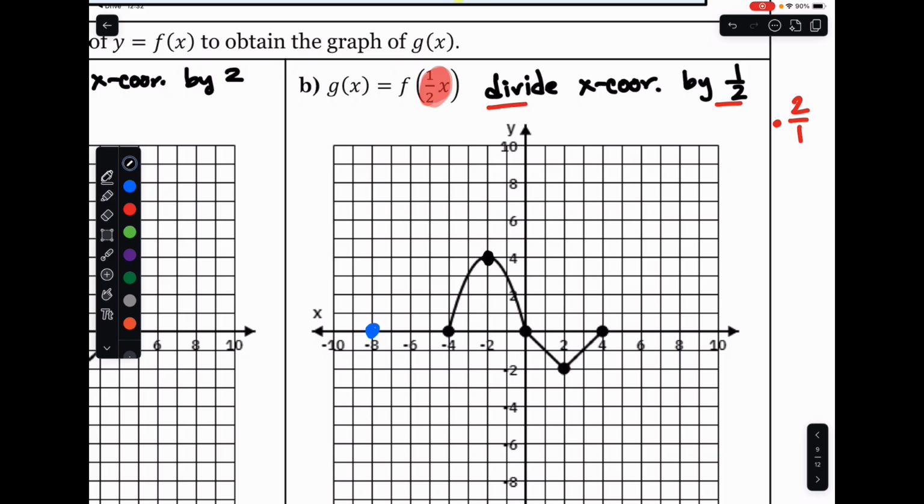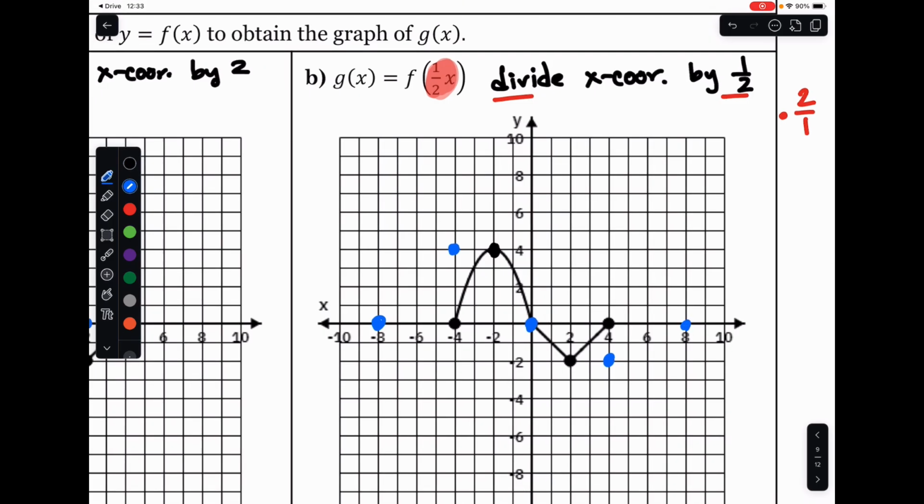Dividing -2 by 1/2 is -4. 0 stays in the same location because it has an x value of 0. This next point has an x value of 2. Dividing 2 by 1/2 is 4. And the last point has an x coordinate of 4, and 4 divided by 1/2 is 8.